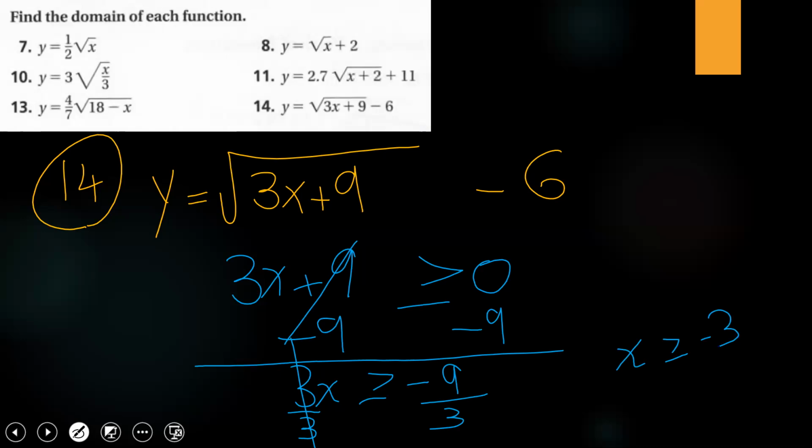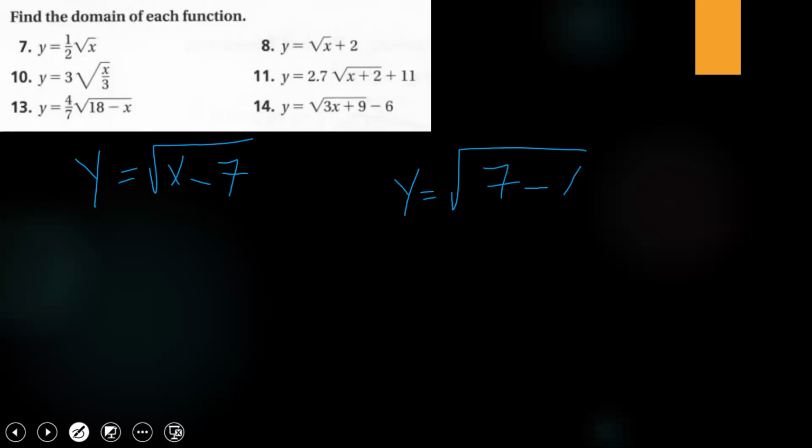Okay, now we have 10 minutes left. I want to give you examples and I'm waiting for your answer. Teacher, can I send it in the chat here? Yes, in the chat, not on WhatsApp. Square root of x minus 7, and y equals square root of 7 minus x.